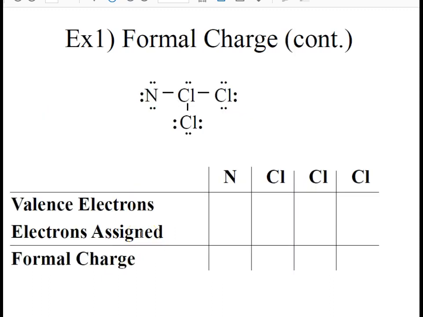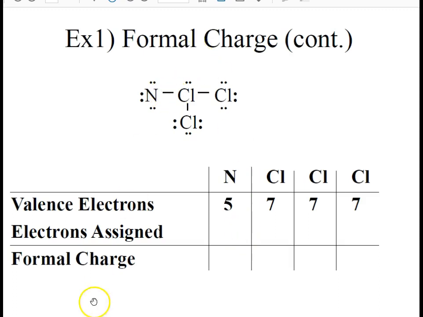Okay, starting with this first, or I guess this is the second structure showed us, but we're going to look at this structure with a chlorine in the middle. So first for the nitrogen. Nitrogen has 5 valence electrons. Chlorine has 7. So we'll put those on the valence electron line. Then how many electrons are assigned to the nitrogen in the compound?